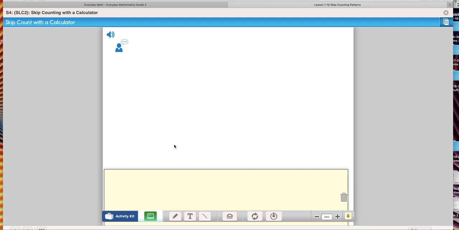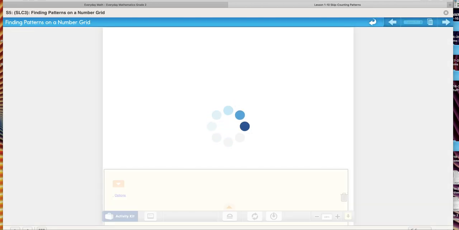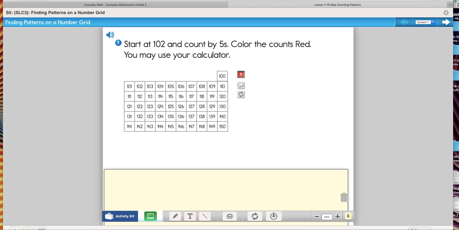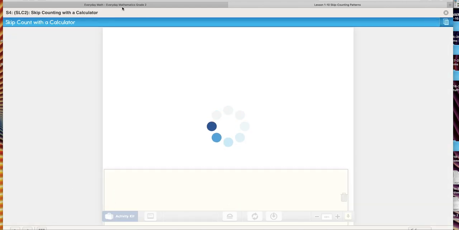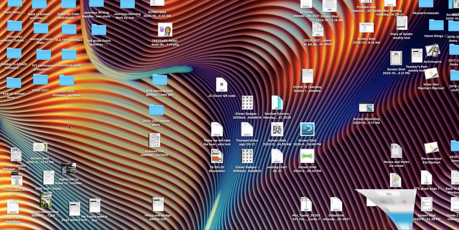So, we're going to practice how we can skip count using these calculators. Let me put my extra ones off to the side. And so what we're going to do is, let me see if I can find a calculator for my board here. Nope, there's not going to be one here. Let me find a calculator to use on my board.